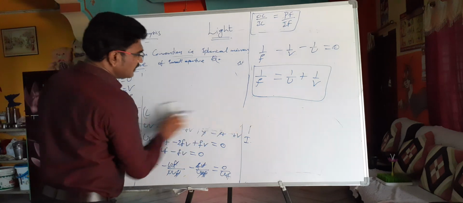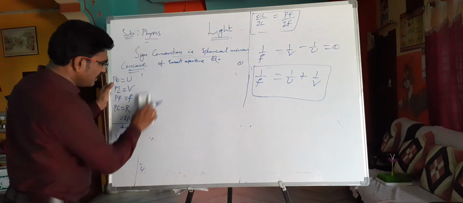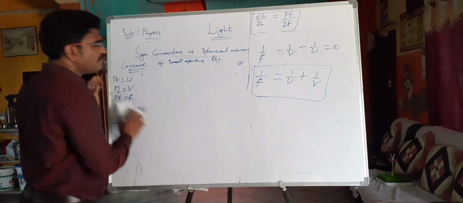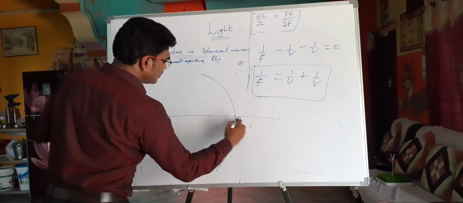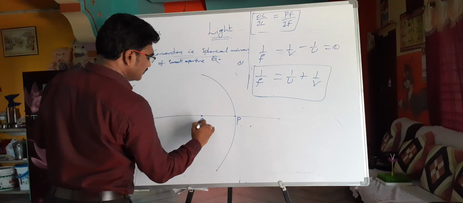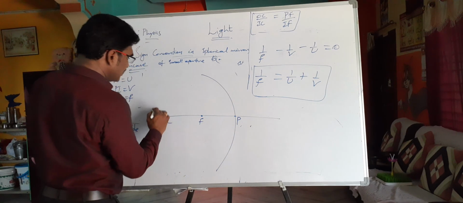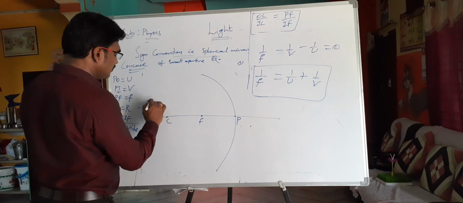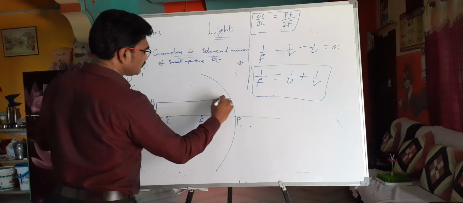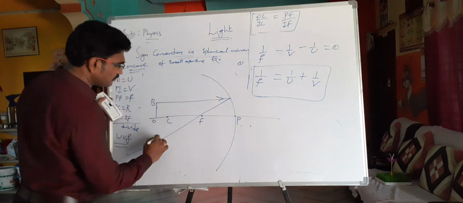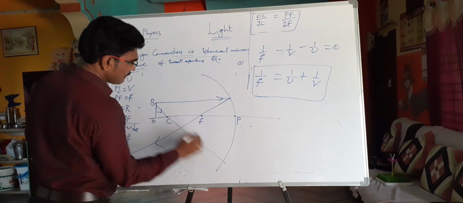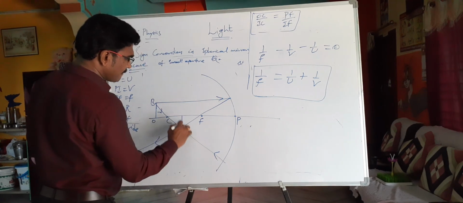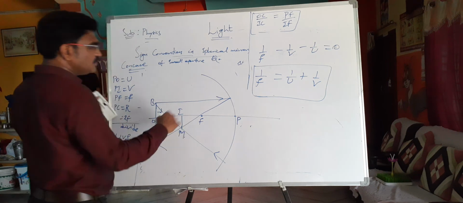But again, when I come to the final point, as per the previous diagram, this is F and this is C, and here the object is D. Now let us use physics for this.